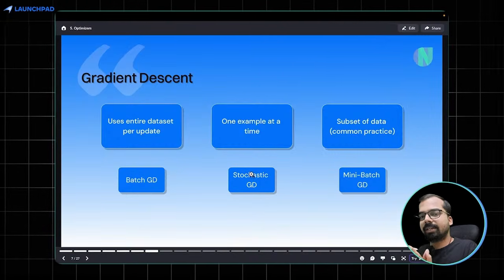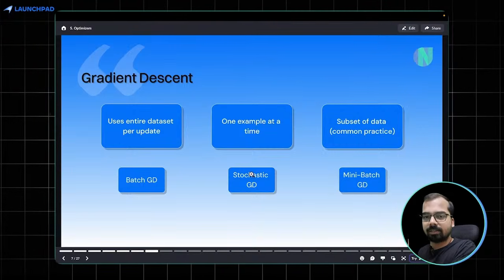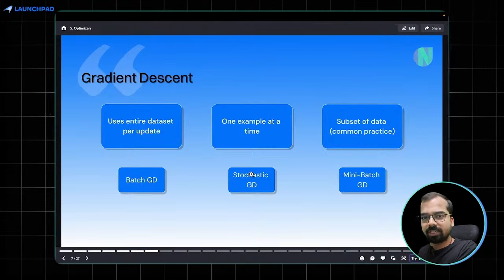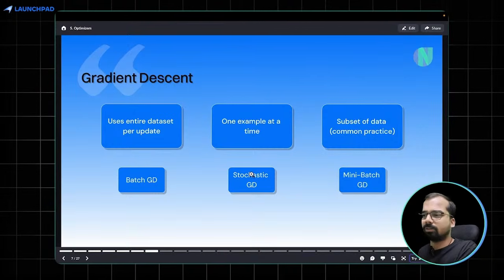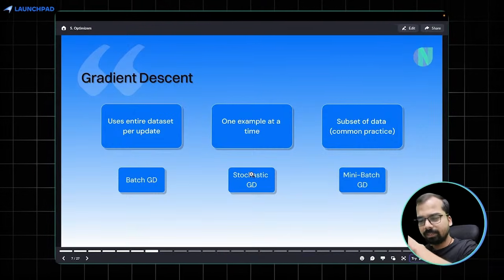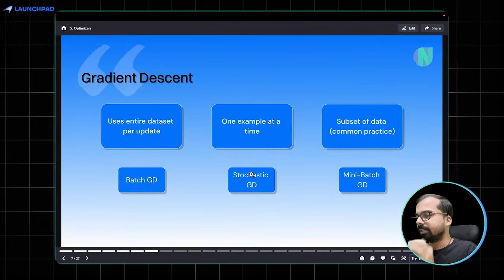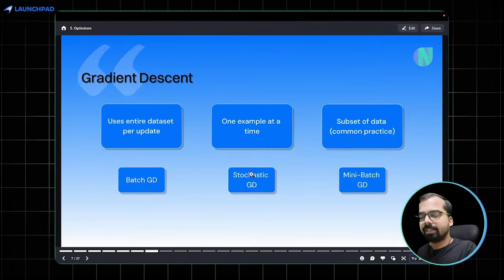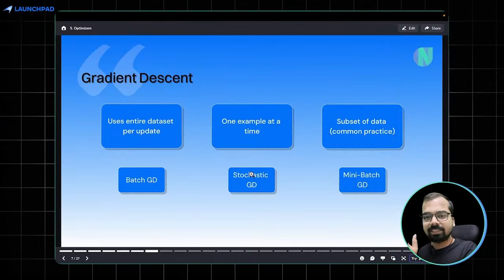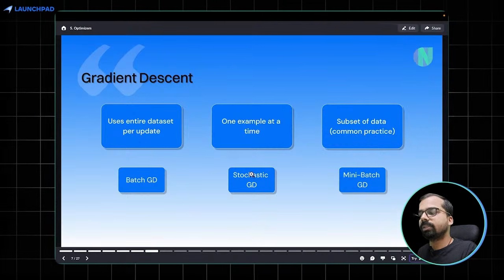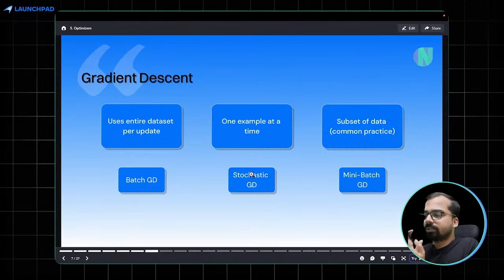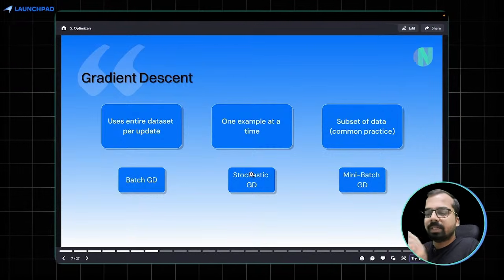So in batch gradient descent, you are passing all the data. After all the data has been passed, you get the loss, you get the sum or average of it, and then you update the weights once. That is known as batch gradient descent. In stochastic gradient descent, after passing each sample, you are updating the weights. Now mini batch is actually somewhere in between.